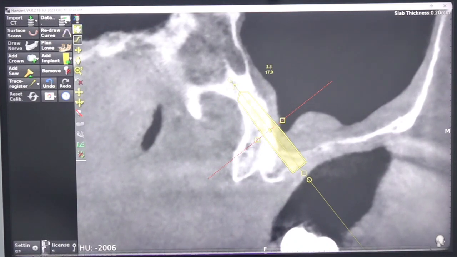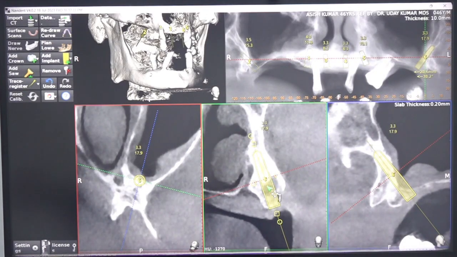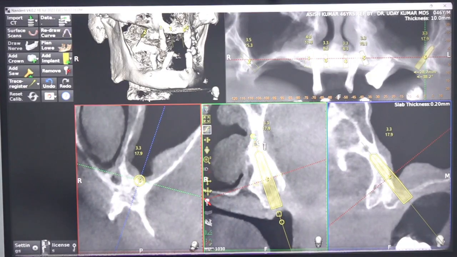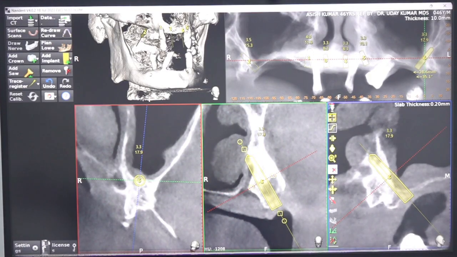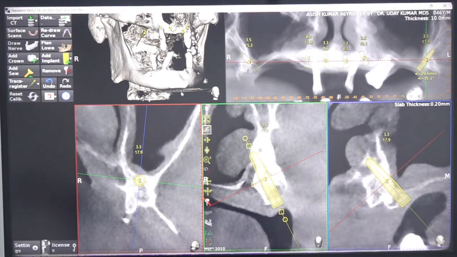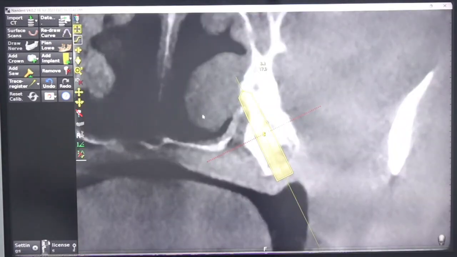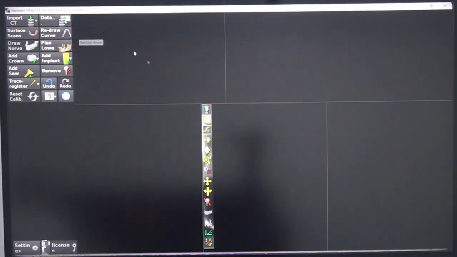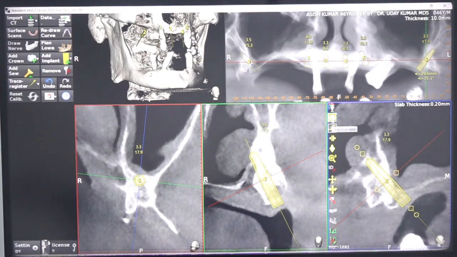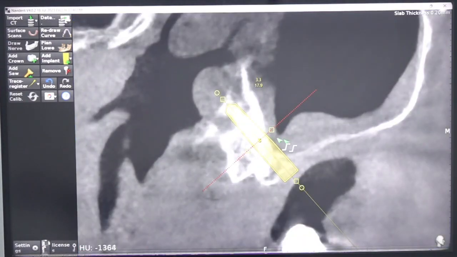The left pterygoid also, the same, similar. Left pterygoid, there is one small challenge. As usual, the sinus is very much distally expanded.